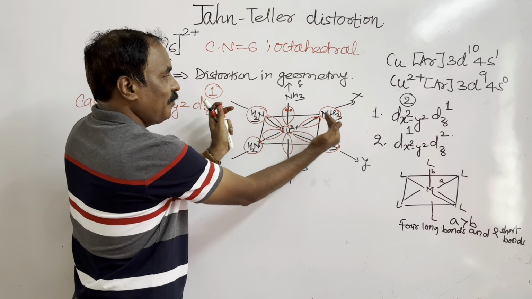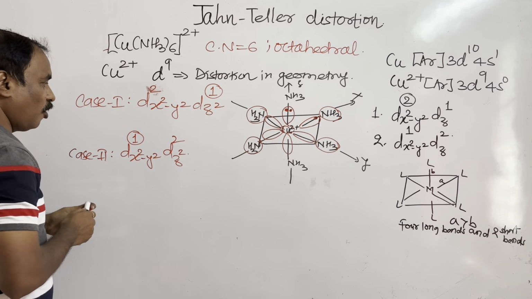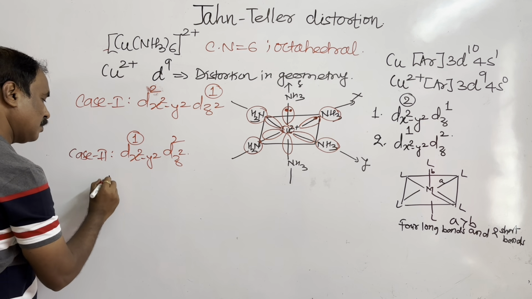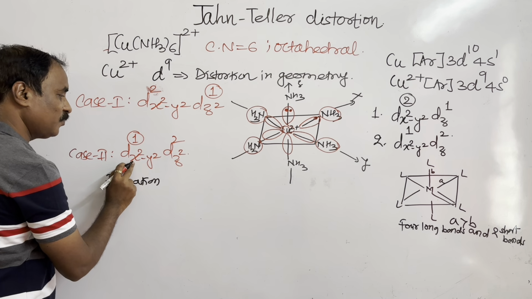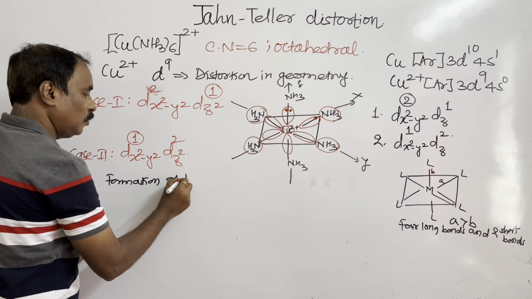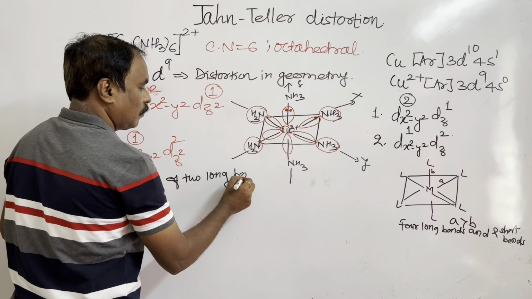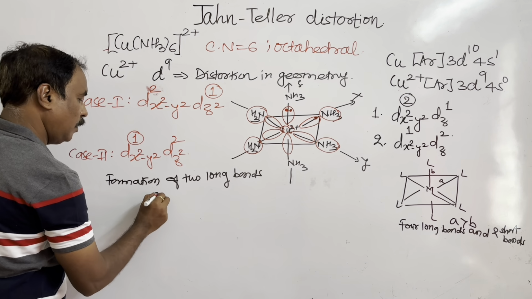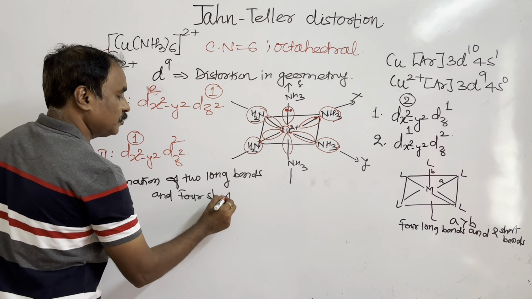Simultaneously there is a compression of equatorial bonds. In the second case, when the unpaired electron is present in dx square minus y square, there is formation of two long bonds and four short bonds.